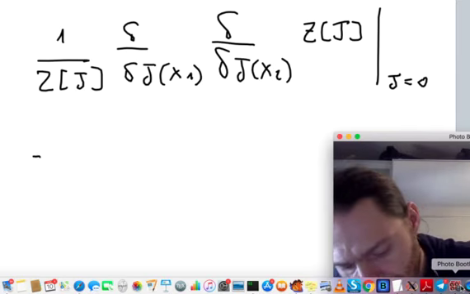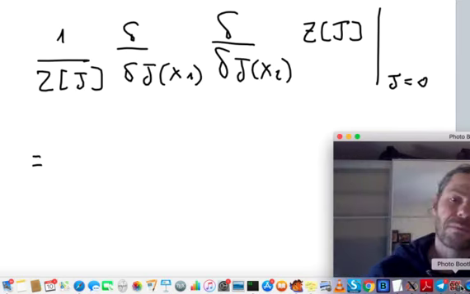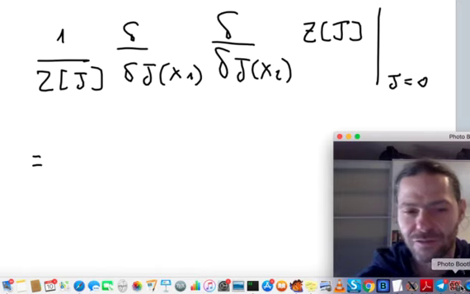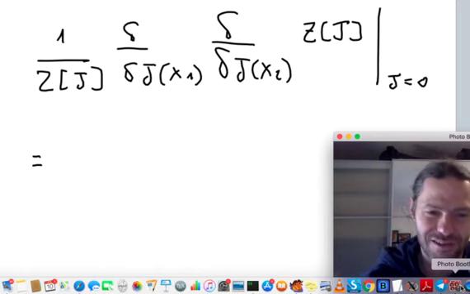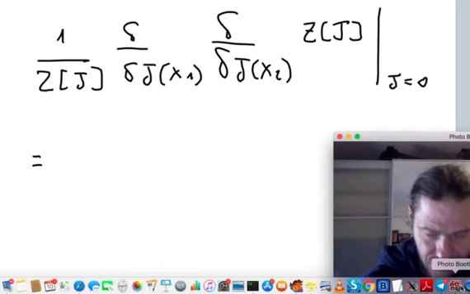Now, remember, when you have to compute the functional derivative, the best thing to do is to discretize and reduce the functional integral to a very large dimensional Riemann integral, for instance.